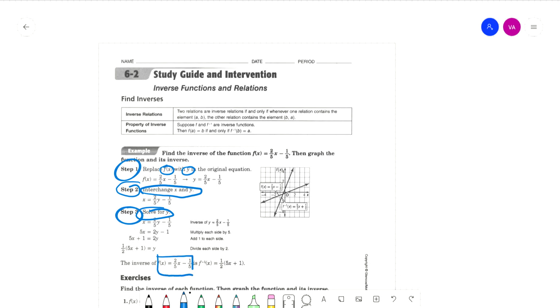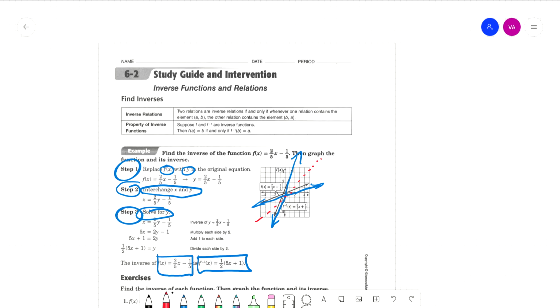This is the function that we start with, and this will be the inverse function that we get when we are following those steps. Look, if we graph, this is the initial function and this is the inverse function. So you're normally going to have some symmetry when you graph a function and its inverse.